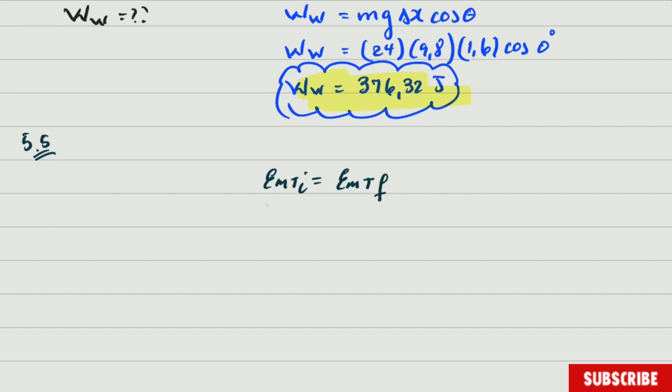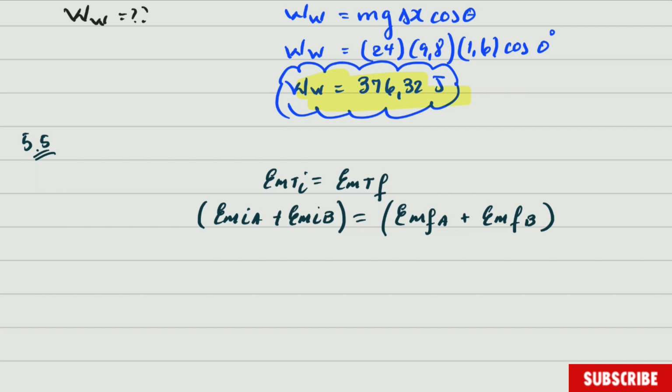So in other words, the total mechanical energy initial is the mechanical energy initial of A plus the mechanical energy initial of B. And the final total mechanical energy is the mechanical energy final of object A plus the mechanical energy final of object B. That is what we must remember here.